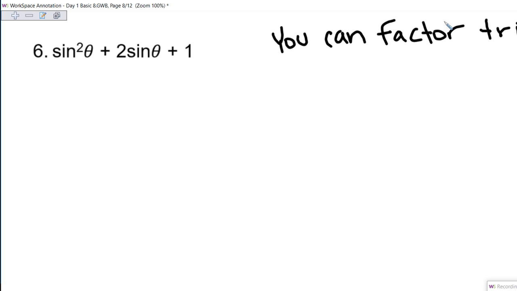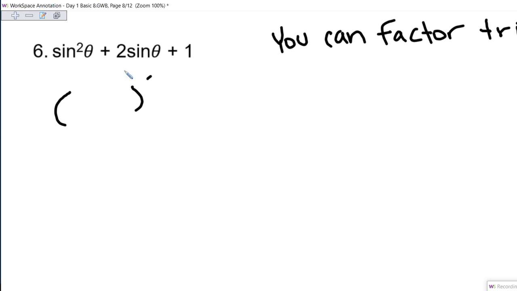Notice this is in the same form of those 2 formulas that we just used, where the first term is squared, the last term is squared, the middle term is 2 times the square roots of both of those. So this is a perfect square trinomial.